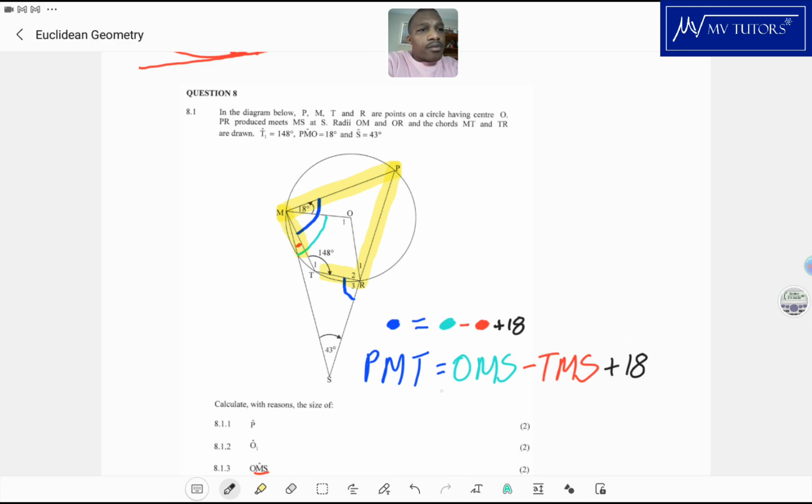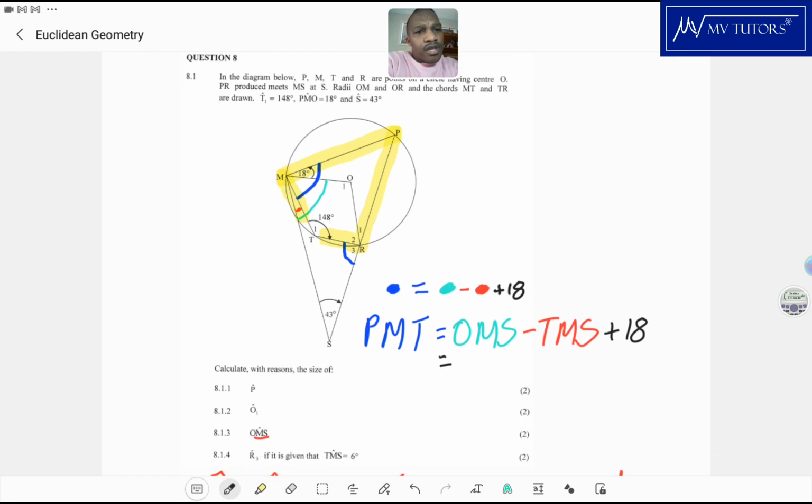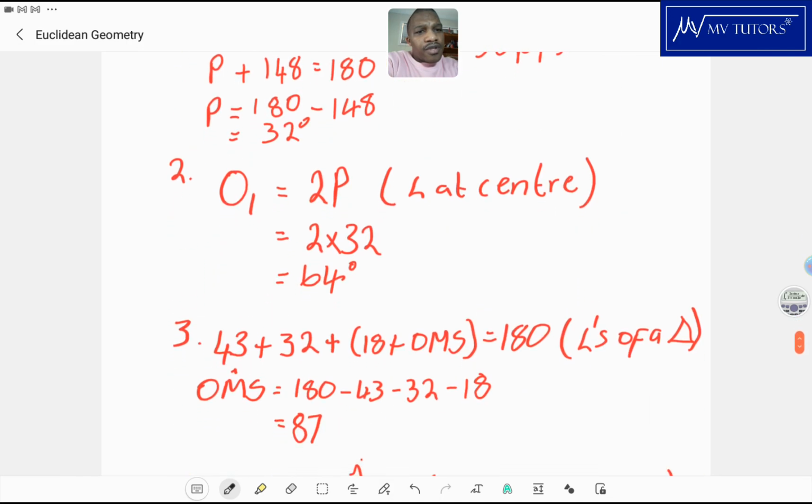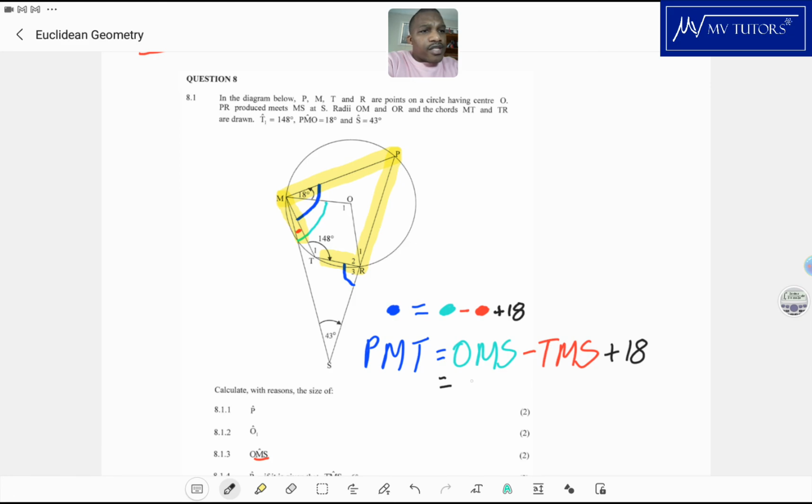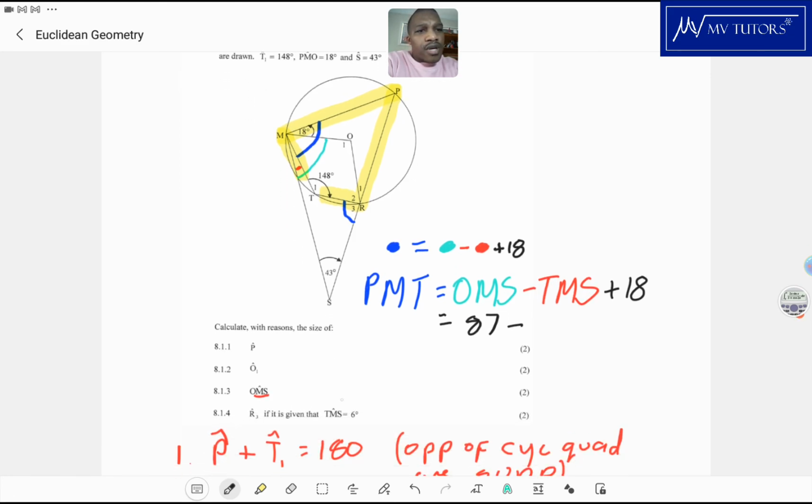Okay, so let's add these up. What is OMS? Do I know what OMS is? We solved it here, and we solved it to be 87. So that's 87 minus TMS. We are given it's 6, then plus 18. Let's put all of those in a calculator real quick.